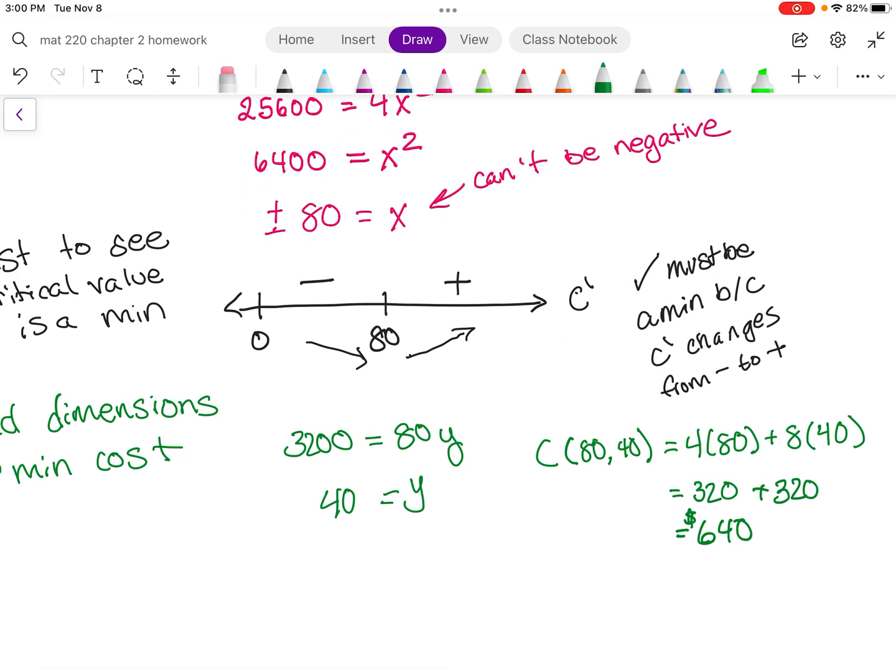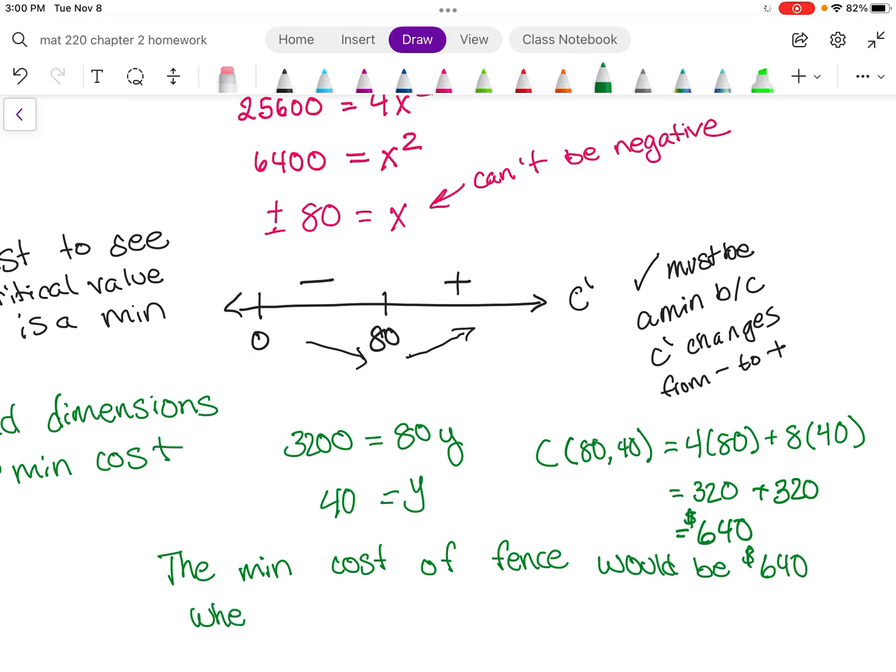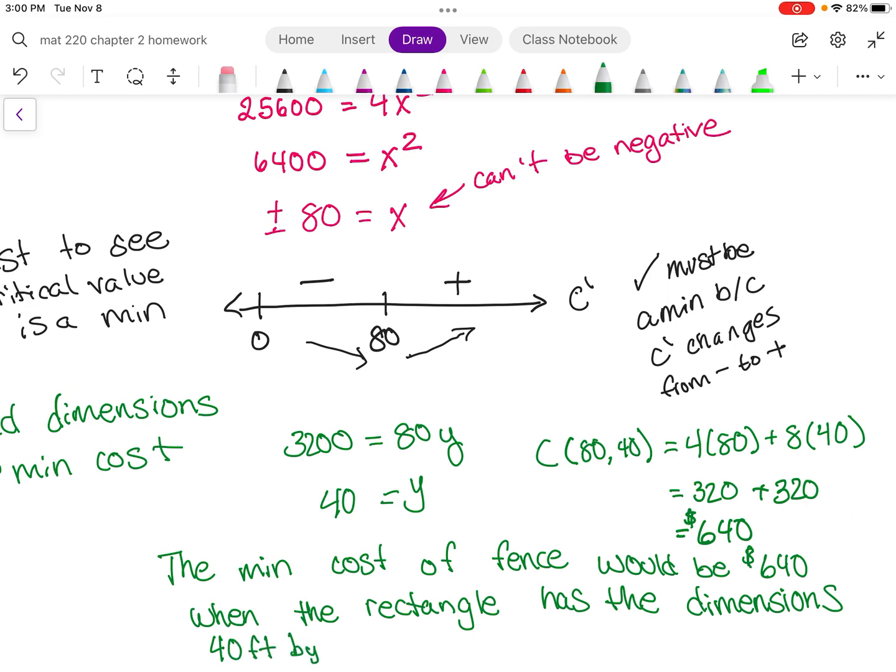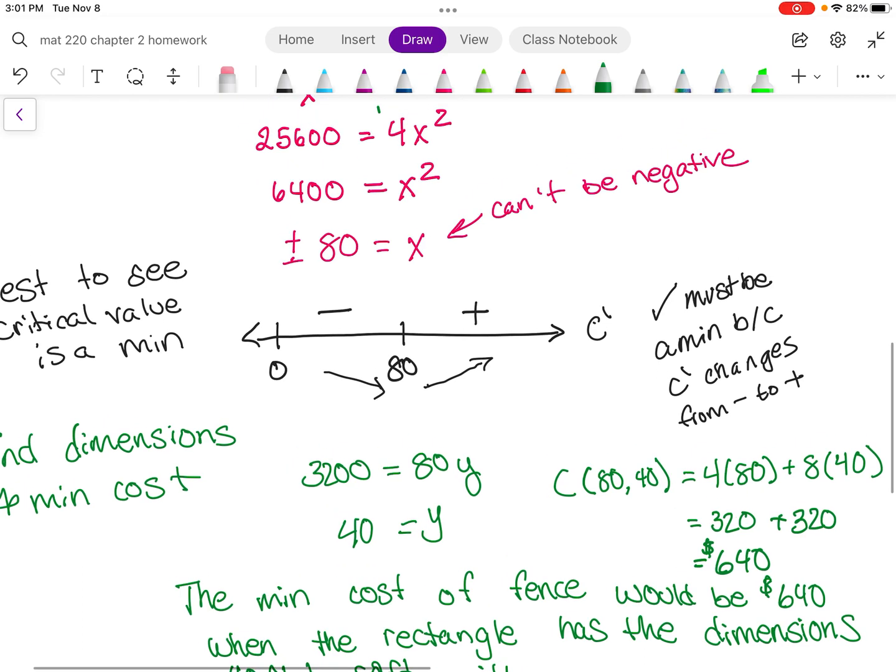And it did ask for a sentence. So the minimum cost of fence would be $640 when the rectangle has the dimensions 40 feet by 80 feet with, and we do need to specify because it can't just be either way.